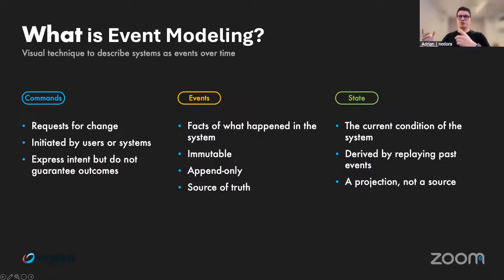This compares to a traditional architecture diagram, which often hides the behavior. Event modeling forces us to think about what actually happens in the system and not how the system looks. It naturally pushes teams toward an event-first view of the domain, regardless of whether you ultimately implement event sourcing underneath.